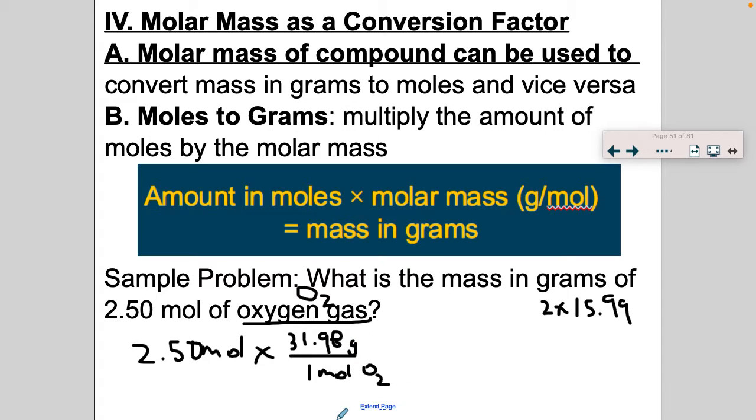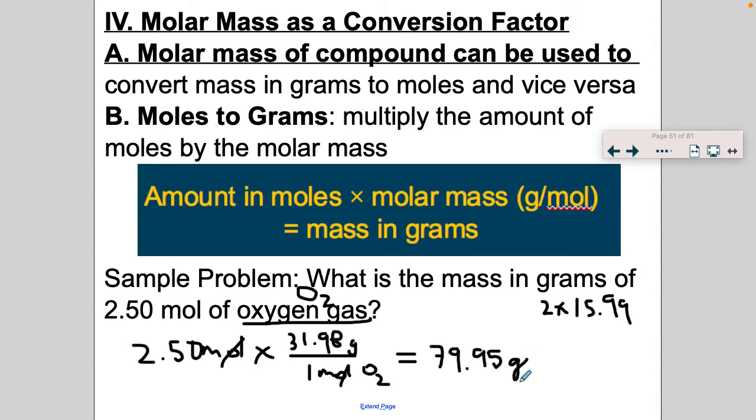The moles cancel out, and you just multiply and divide across to get your answer. 2.5 times 31.98 divided by 1 is 79.95, and the answer is just grams.